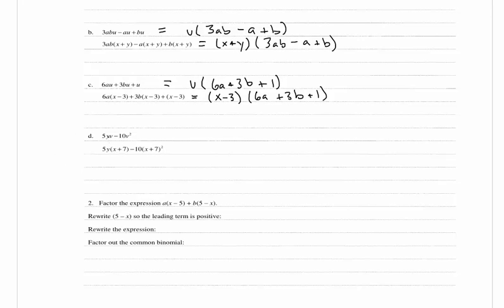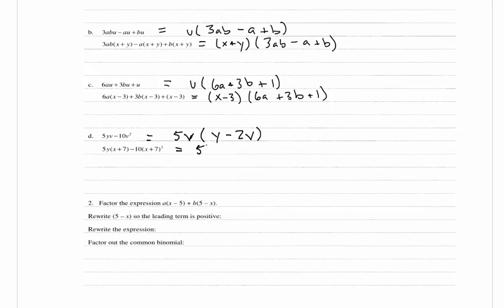In D, we have 5yv - 10v squared, and our greatest common factor is going to be 5v. And if we factor a 5v out, we're left with y - 2v. In our second expression, we have 5y times (x + 7) minus 10 times (x + 7) squared. And we have a common factor of 5 that can come out, and then our common binomial that we can factor out is x + 7.